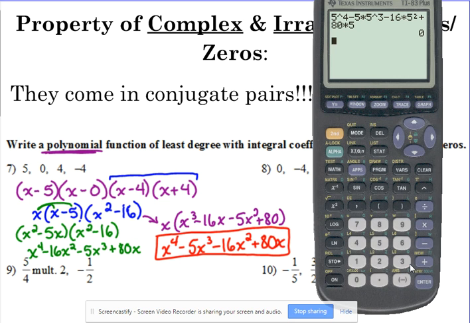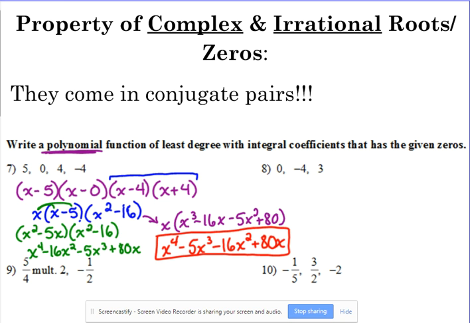Okay, it gives us 0 because this is a 0, so when you plug it in, you should get 0 as the answer. And you could check the other ones as well. I encourage you to do that. When you're building these polynomials, plug in at least 1 or 2 at the end to make sure that you do get 0 as an answer. Obviously, when we plug in 0, we would get 0 because all of them have an x. So you're going to get 0.